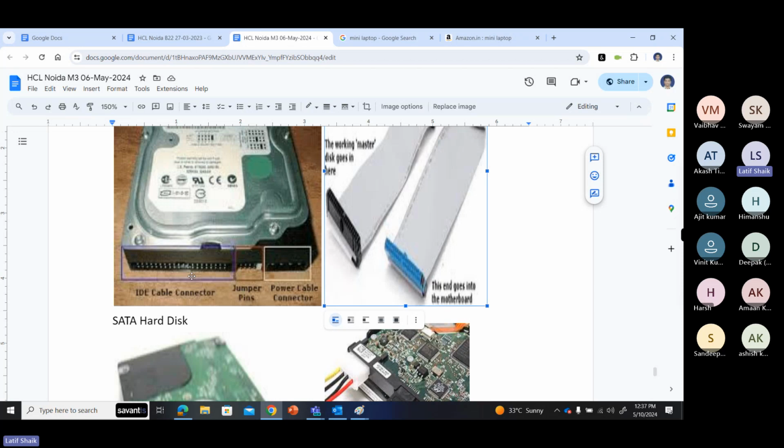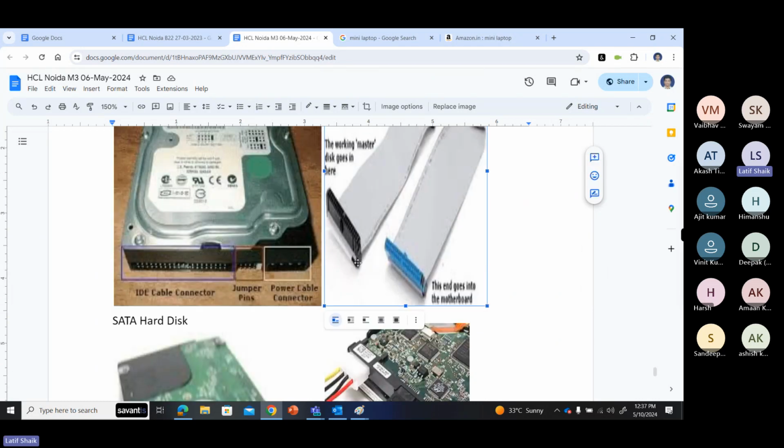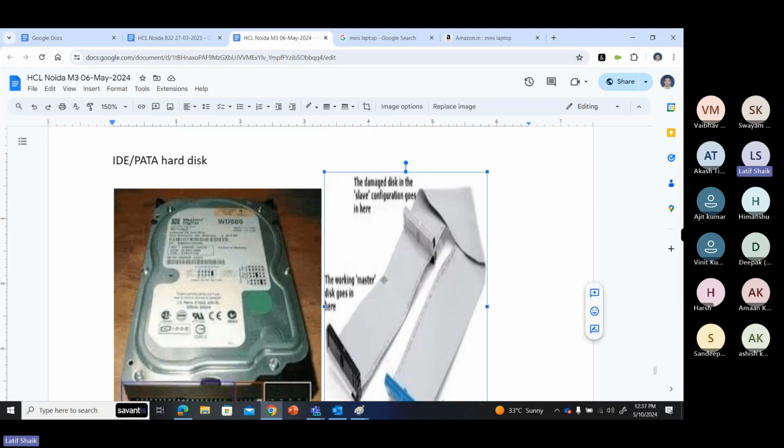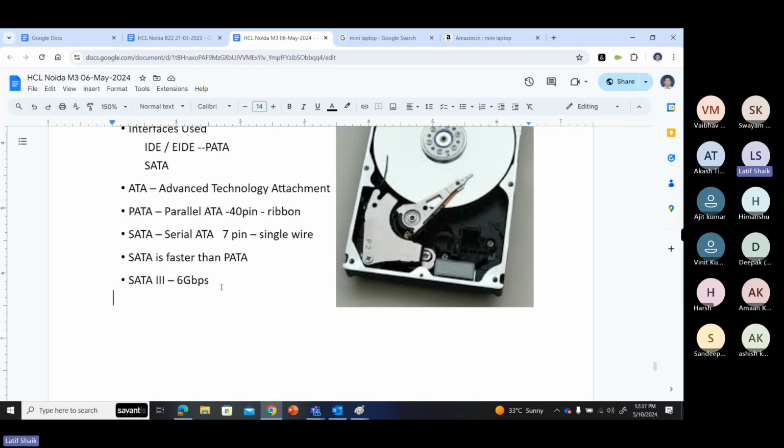If a pin is broken, you cannot connect the disk, you cannot read the data, you cannot write the data. We have to handle it very carefully. Even when you are removing it, the ribbon can be broken. There is a possibility. When we were learning, they didn't give any equipment, even working or non-working.